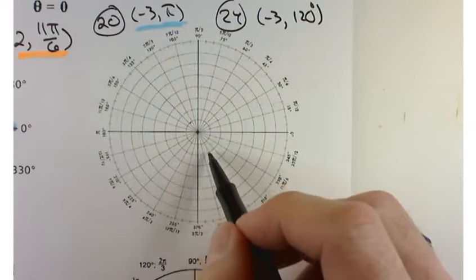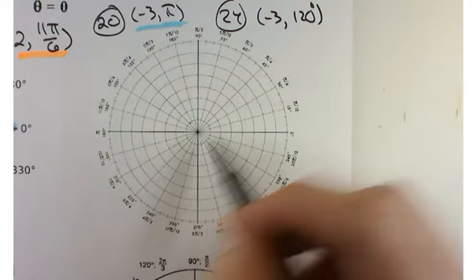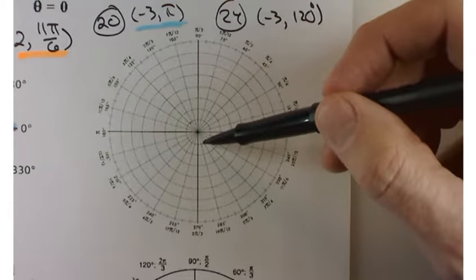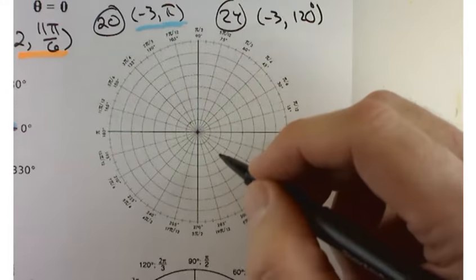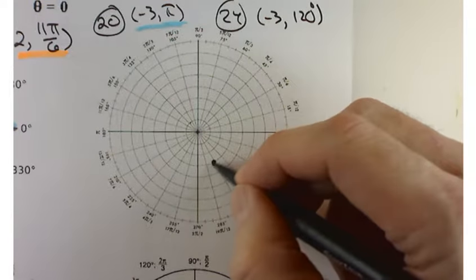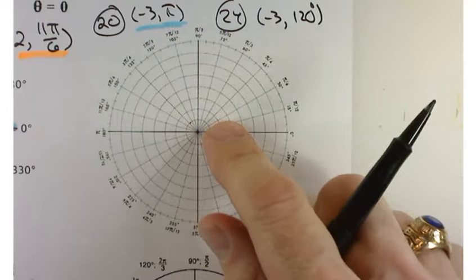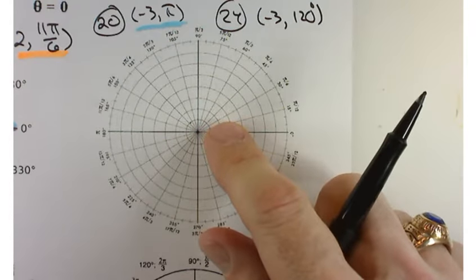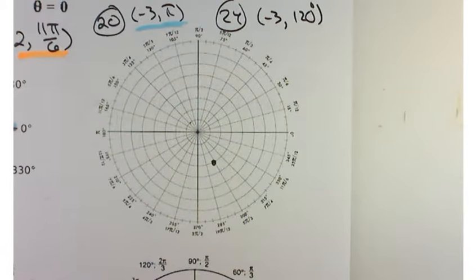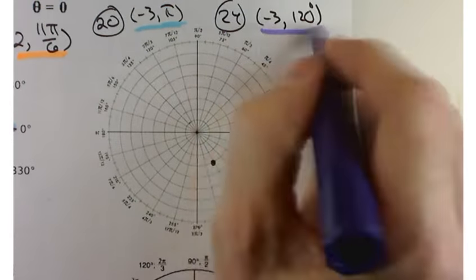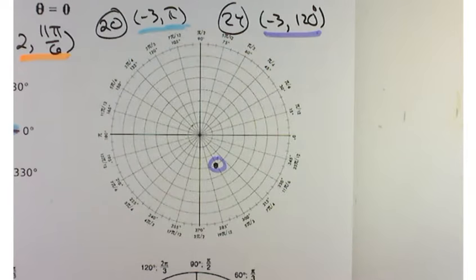So 1, 2. I got that right? Let's see. 1, 2, 3. Well, I've certainly decided something for myself real quick. I don't like this graph. It looked good on my computer. It doesn't look good here. So, all right. So that one here and that one there.